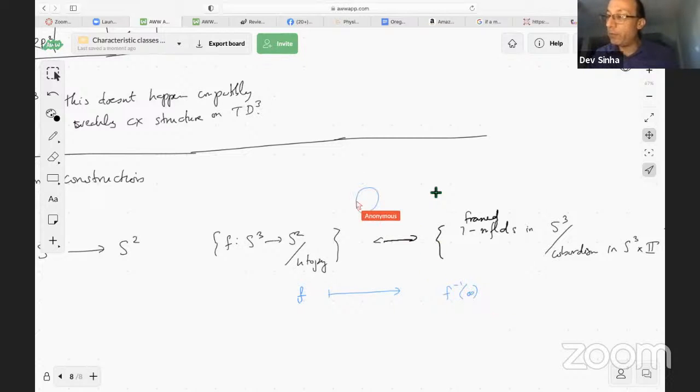I've got S2, and this is 0, and this is infinity. And I like to base things at 0, so that means I want to maybe take the pre-image of infinity. And that is going to be, if f is transverse, so you have to play some games here. There's a lot of details, but any f is homotopic to one which is transverse to infinity. And then f inverse of infinity will be some one manifold.